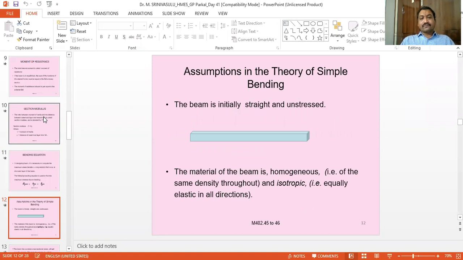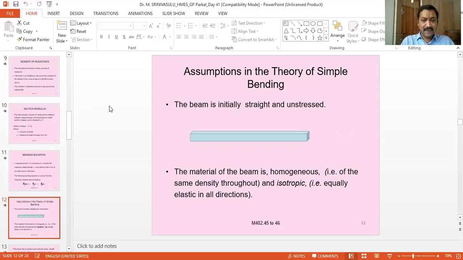Next, we have some assumptions. In the theory of simple bending or pure bending, we made some assumptions to derive this bending equation. These assumptions are very important from the subject point of view, and we must know what assumptions are made, and only then can we clearly understand the theory of simple bending. The first assumption is that the beam is initially straight and unstressed.